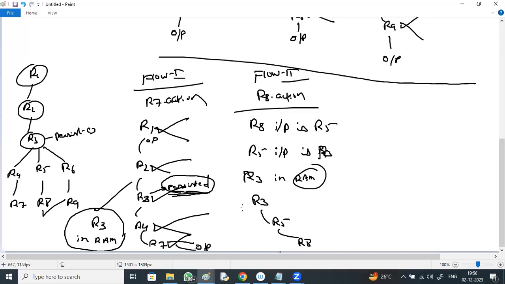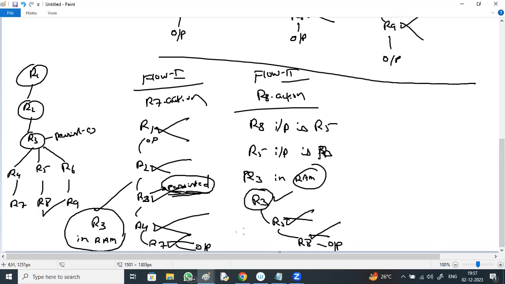R3 directly gives the output. No need to execute from the starting, because R3 is already available. Collect the R3 output and compute R5 and R8. Once R5 is ready, R3 won't be removed. When R8 is ready, R5 gets removed. Once the output is collected, R8 gets removed from the RAM.